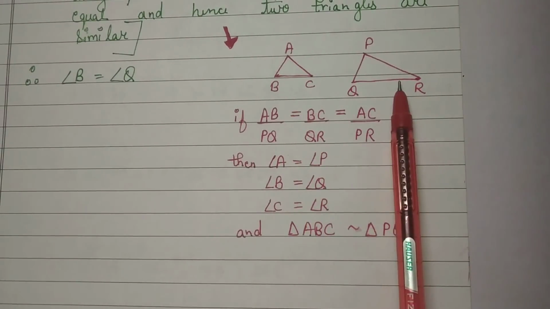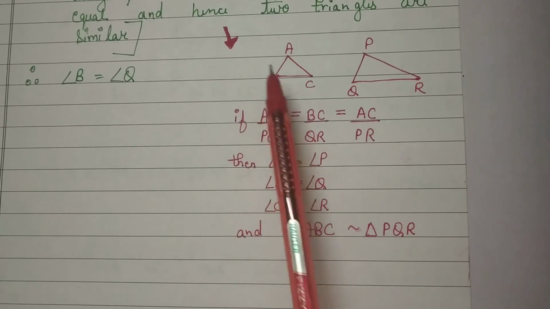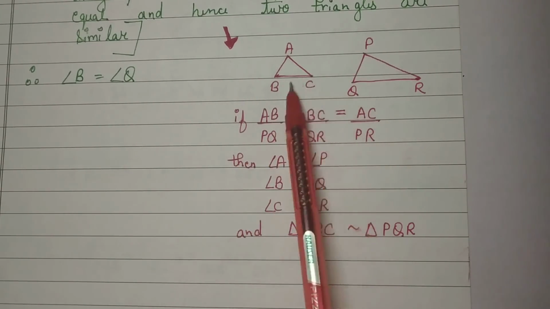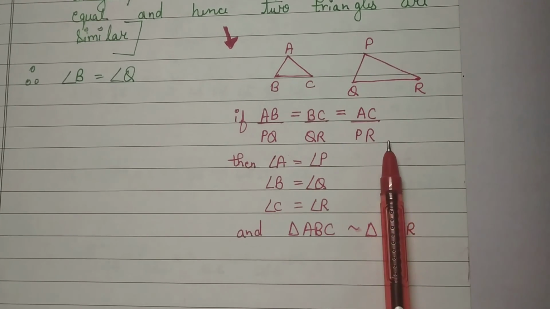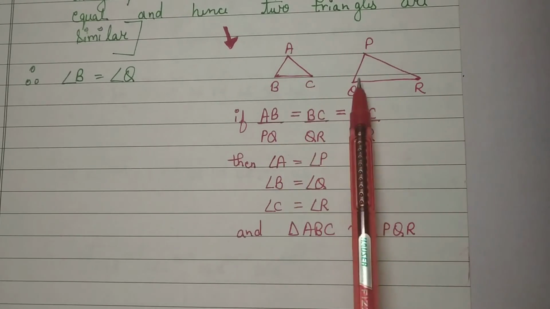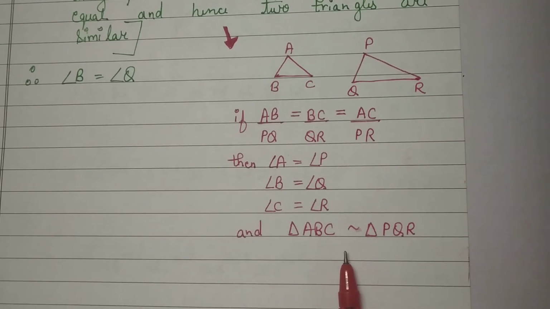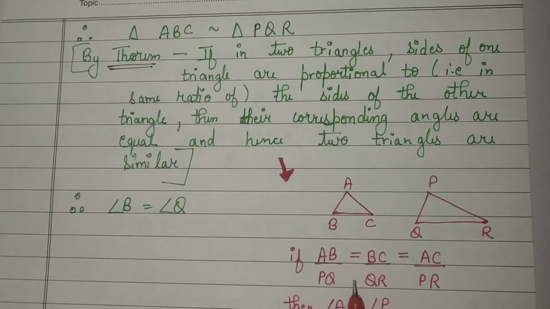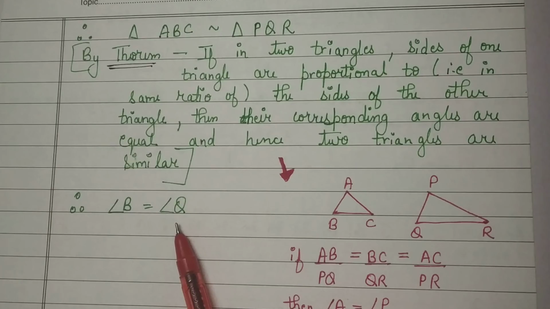There are two triangles. This theorem says that if the ratios of these sides AB by PQ, BC by QR, AC by PR are equal, then all the angles, A is equal to P, B is equal to Q, C is equal to R, and these two triangles are similar. This theorem says this thing. So applying this theorem in this question, I have got the similar triangles and then equal angles.